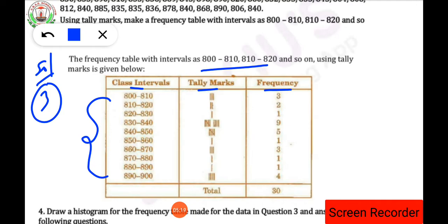Now you will ask me, teacher, why are we not proceeding after 900?